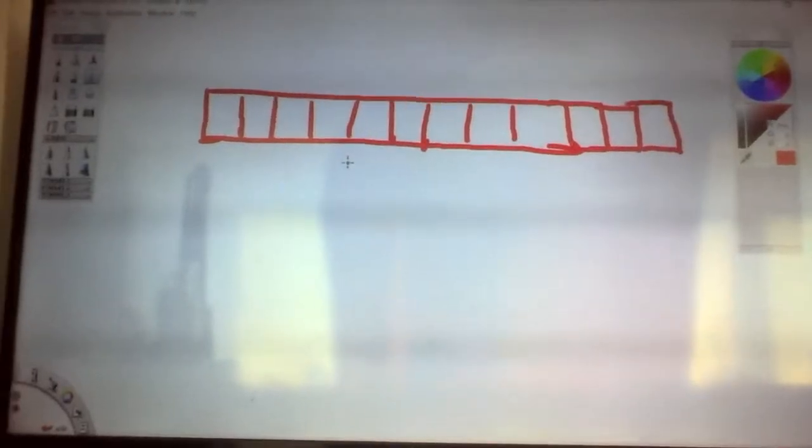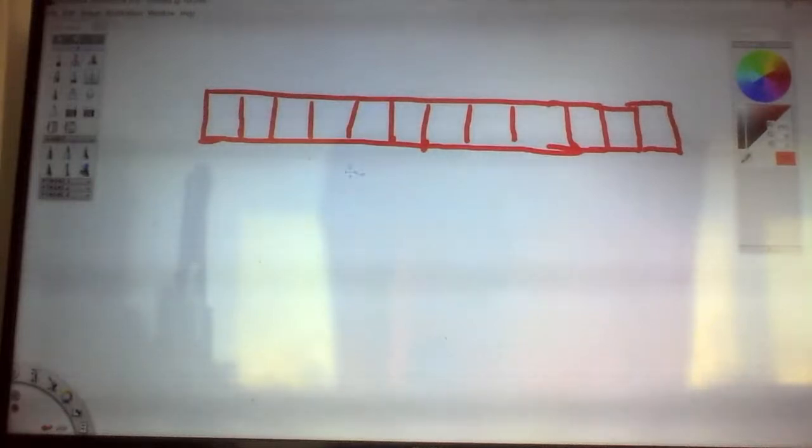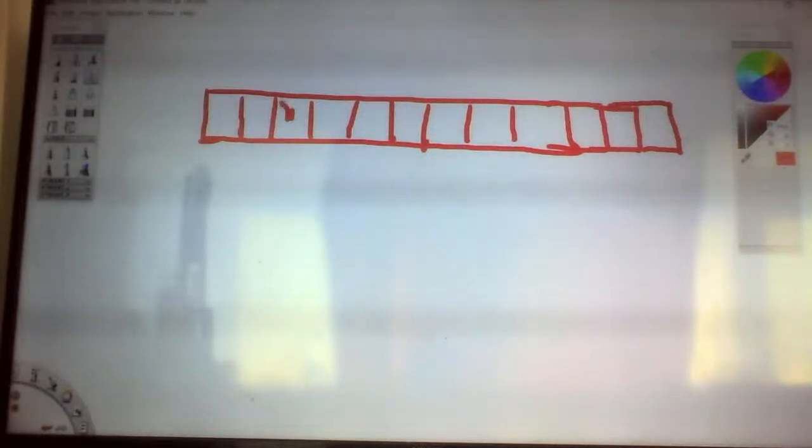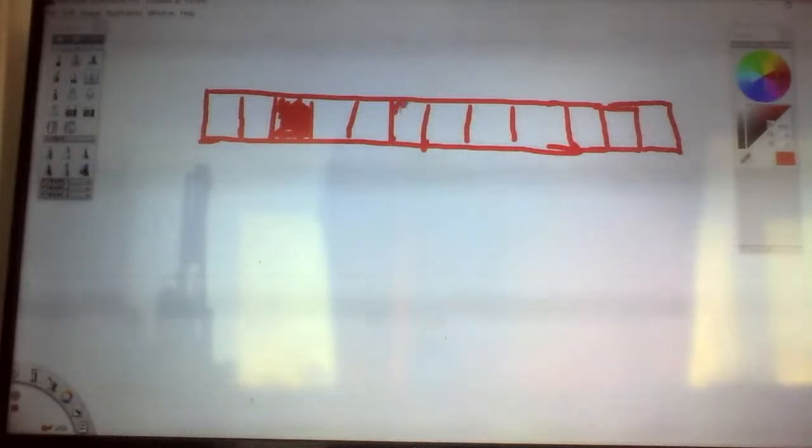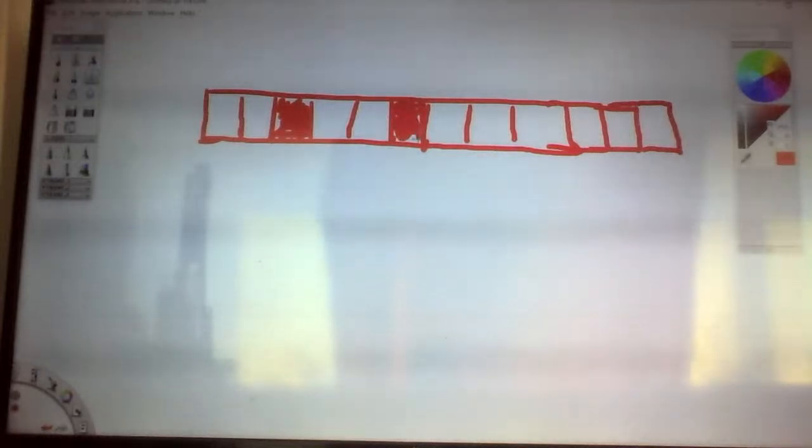So you've got 12 boxes there. 1, 2, 3, 4, 5, 6, 7, 8, 9, 10, 11, 12. Imagine they were equal size. It's important if they're equal. We've got a coloured one here. That's meant to be coloured in. And you've got 2 spaces, another one. Two spaces and another one.